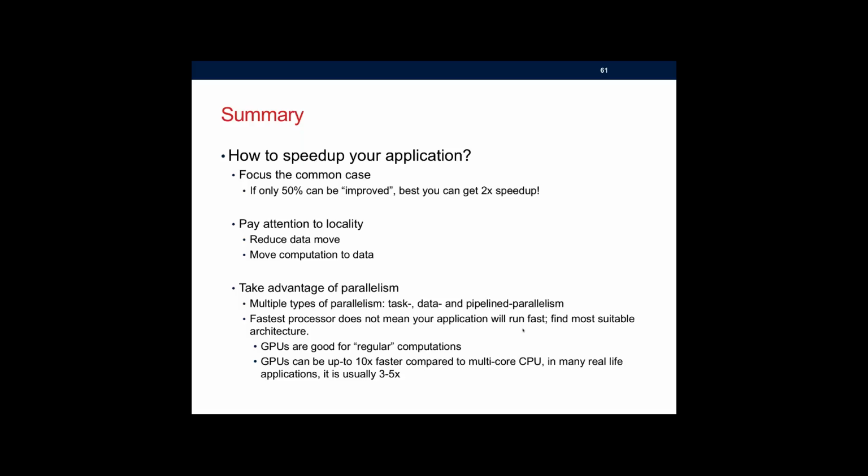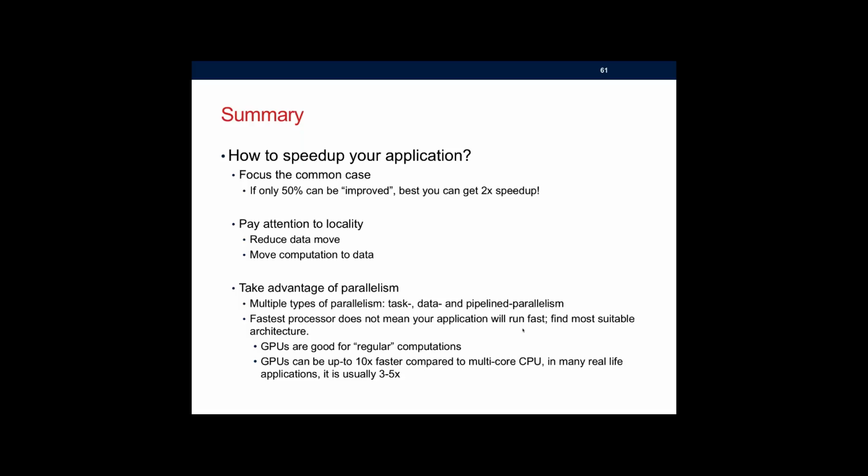One, we really need to focus on what's the most time consuming, what's the common case, but you also think about how frequent that is. If it's just 50% of your computation, even if you improve that infinitely, you'll only get 2 times speedup. So don't expect miracles from cloud or parallel computing if you're only improving 50% of your computation.